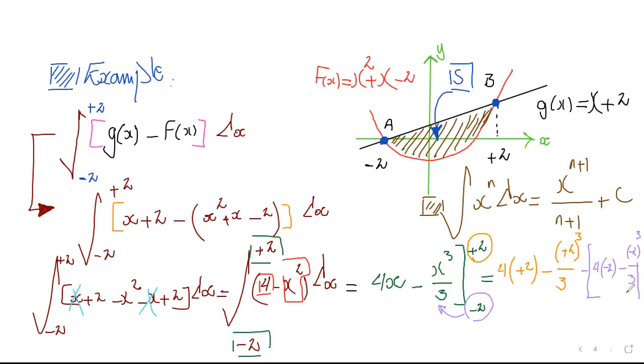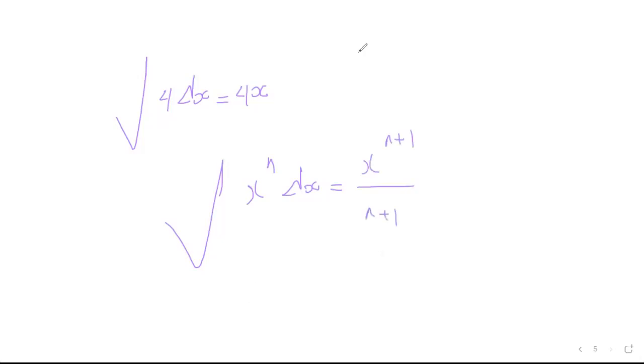Yes, Tommy? 4x. Look at this. 4x is the result of integration of 4. The integration of 4 d of x becomes 4x. Why? Because we had this identity, x to the power n d of x becomes x to the power n plus 1 over n plus 1. Then if we have 4 here, the integration of 4 d of x is essentially 4 times x to the power 0.